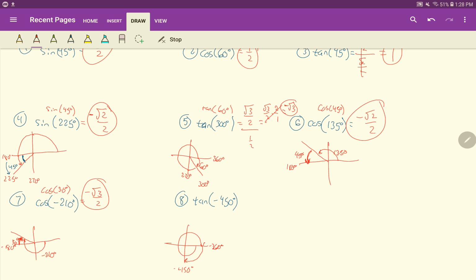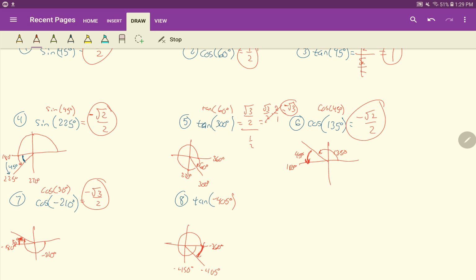Ooh, and actually I don't want to talk about this angle just yet, because we haven't talked about what happens when we end up on the axis like that. So let me change this to, like, negative 405 degrees or something like that. Okay, so negative 405 degrees will get me to right here. It's between the negative 360 and negative 450.